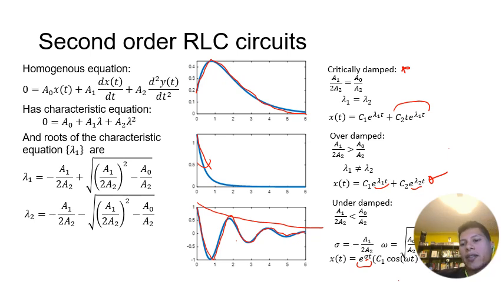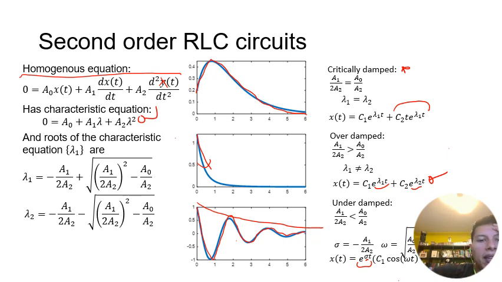In general, as we look at these RLC circuits, we get differential equations that look like this, with a second order derivative, so we get a second order characteristic equation.